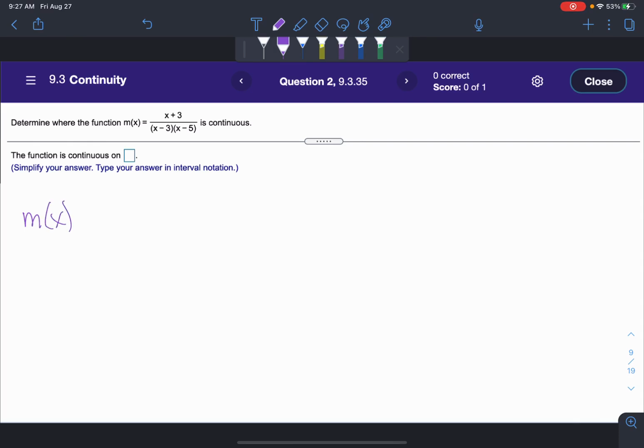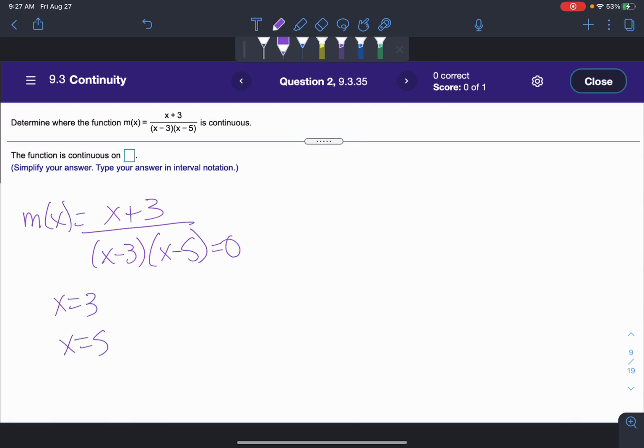So m of x, to find those points, all we're going to do is solve for where the denominator is equal to 0. The denominator is equal to 0 when x equals 3 and when x equals 5. So this means I can't put 3 or 5 into this function.